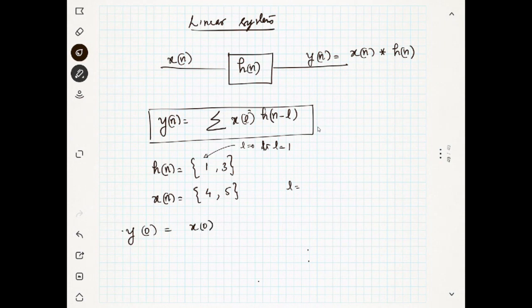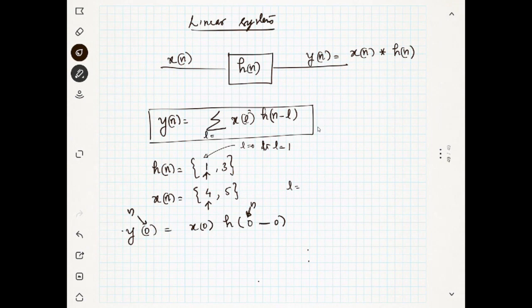That means x of 0 into h of 0 minus 0, because the signal starts from n equal to 0. Now I have to change for all l.